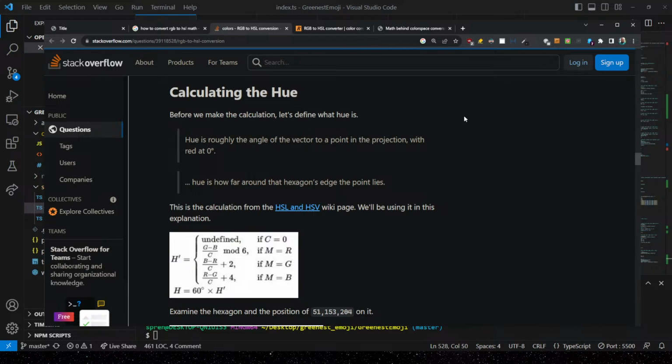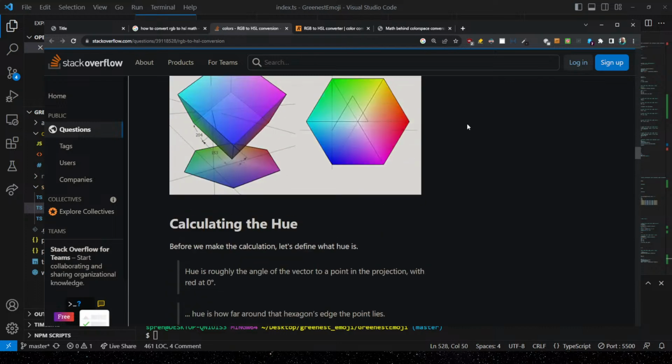Hue is how far around that hexagon's edge the point lies.